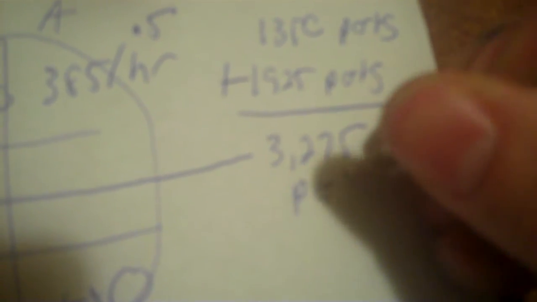Well, if there's 5 hours, 270 times 5 is 1,350 parts. And then 385 times 5 is 1,925 parts. Add, okay. 3,275 parts total, okay.